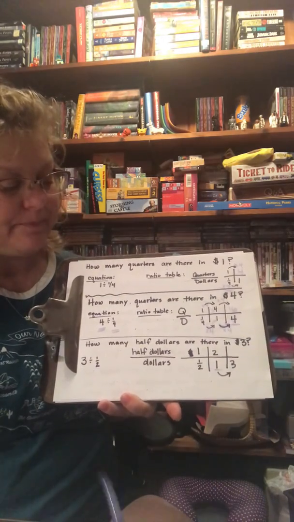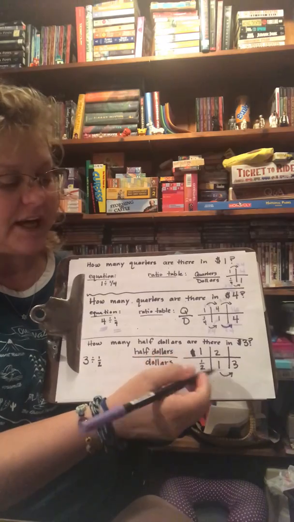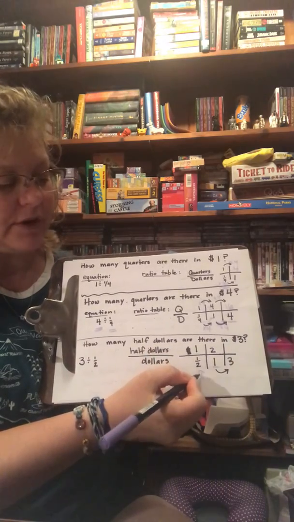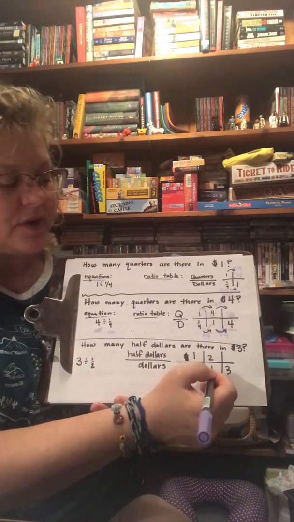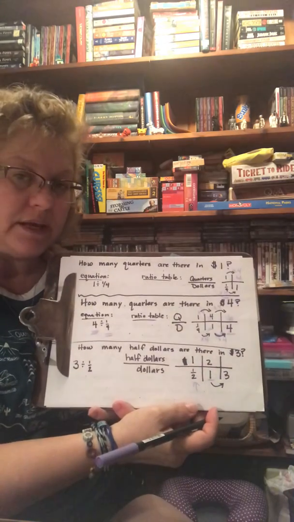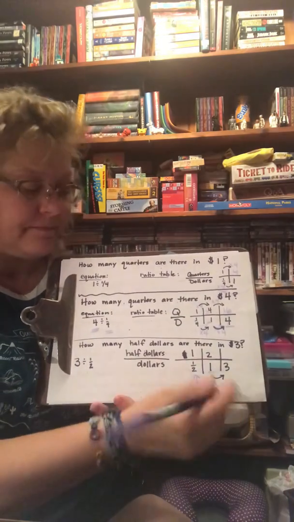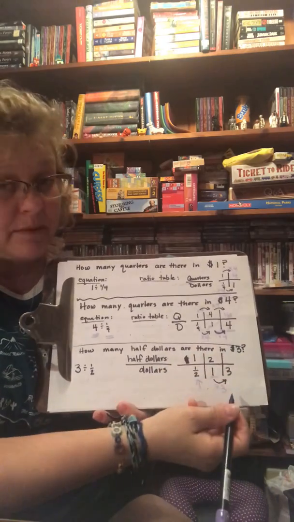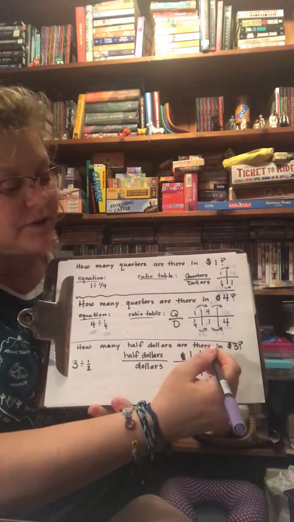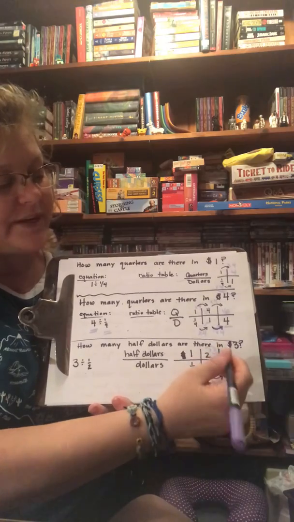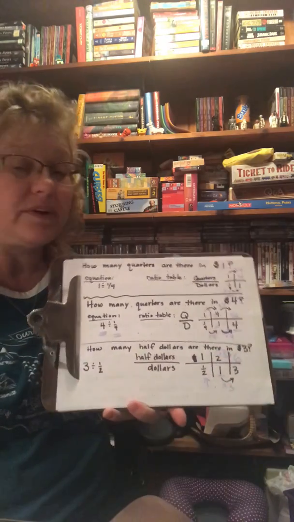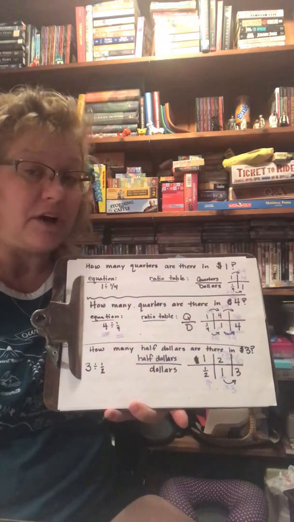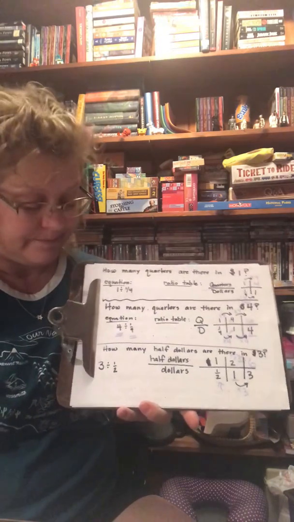If I have 1 half dollar, there's my half dollar. Now to get to $3, what did I have to do to take that 1 to the 3? Multiply that by 3. And if I multiply the bottom by 3, I need to multiply the top by 3 on my ratio table. Or in other words, I know that there are 6 half dollars in $3, right?